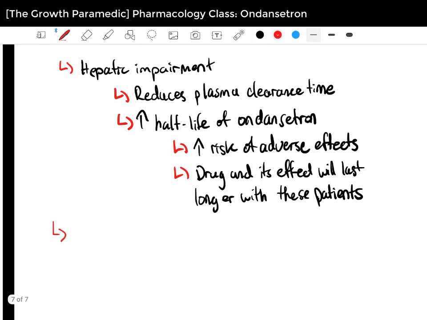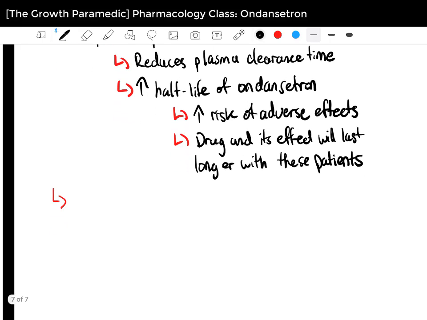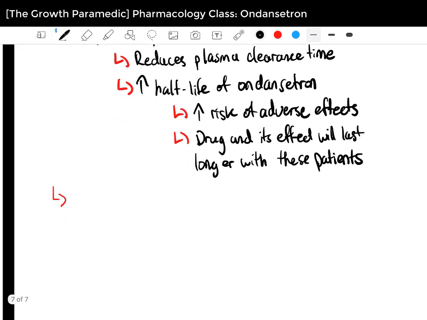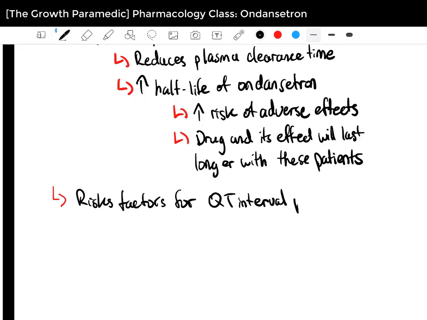Patients with risk factors for QT interval prolongation or cardiac arrhythmias. I really find it hard to pronounce that word, but basically risk factors for QT interval, and this has got to do with the ECGs and all that, and I will cover that in a separate video as well.